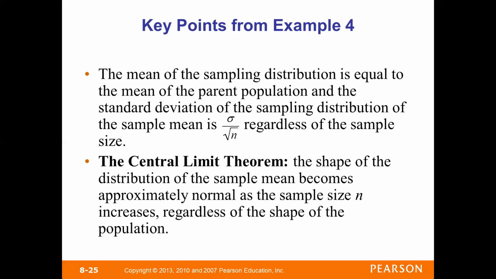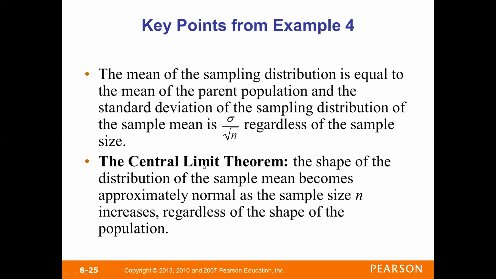The mean of that sampling process will close in on the mean of the population, and the standard deviation of the sampling process will be related to the standard deviation of the underlying population and will still satisfy the relationship that the standard deviation of the sampling distribution is sigma over the square root of n.